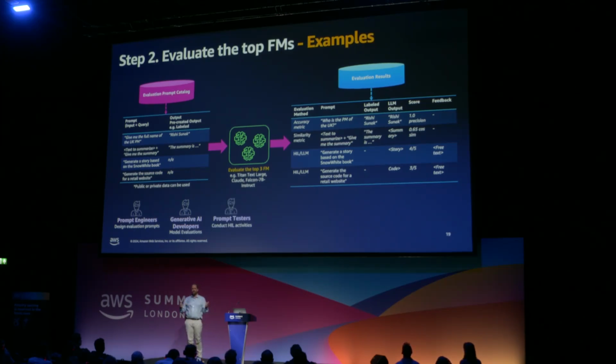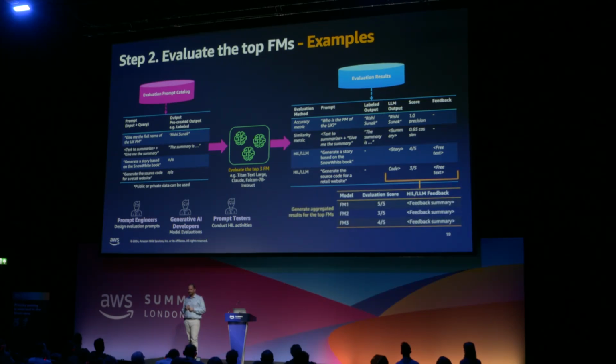And we can have prompt testers who get this initial prompt catalog and start extending it with massive prompts in order to ensure wide testing. The outcome of this is just aggregated results of all the different accuracy metrics that we have already calculated, either automatically or with human in the loop.